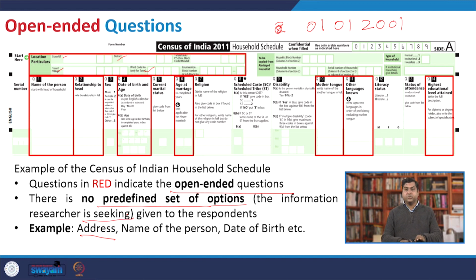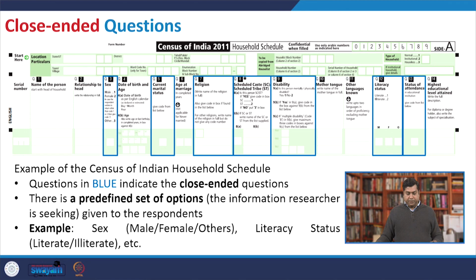Suppose I would like to know, out of this survey, which particular language is predominant, or which other languages they know. For such cases we do not need any predefined set of answers, for example address, name of the person, then DOB, the date of birth, etc.